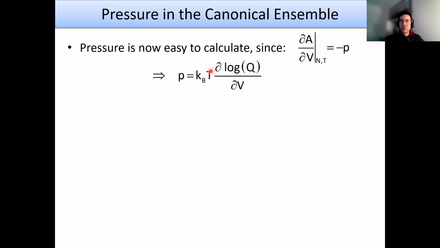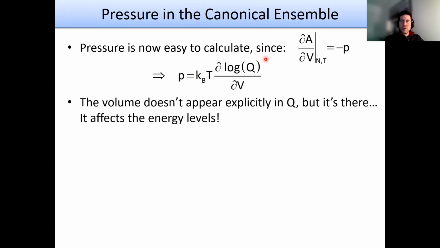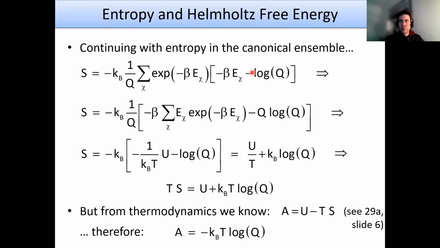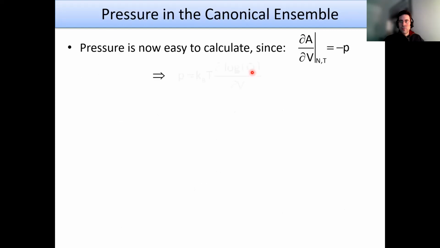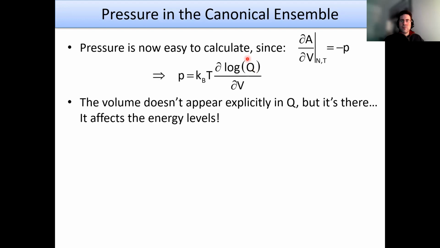Right, so the pressure is equal to this derivative, and I just wanted to point out that the volume does not appear explicitly in Q, right? We said Q is a function of N. In this case, sorry, actually, yeah, this is NVT, right?